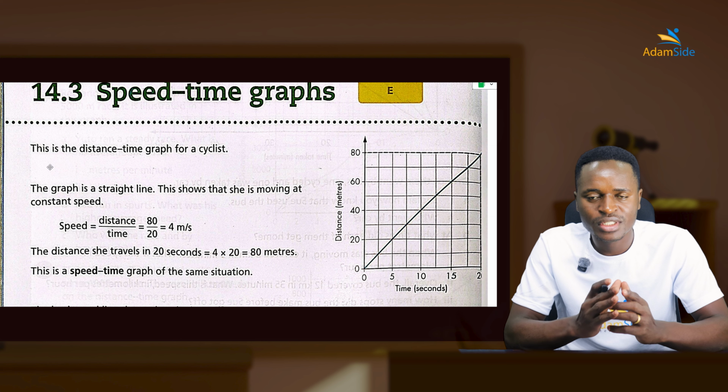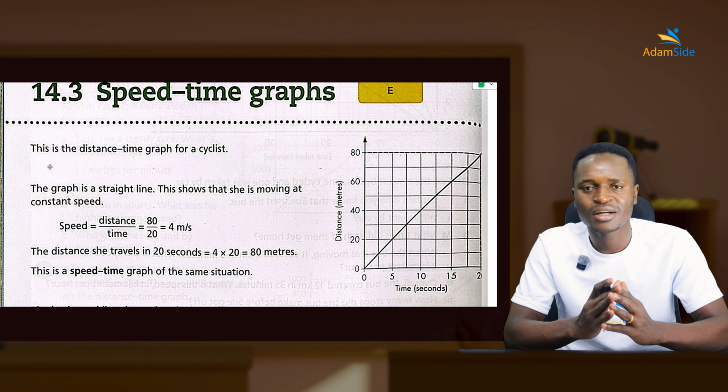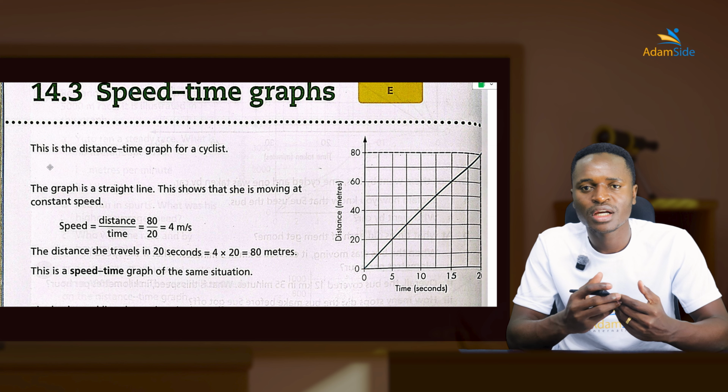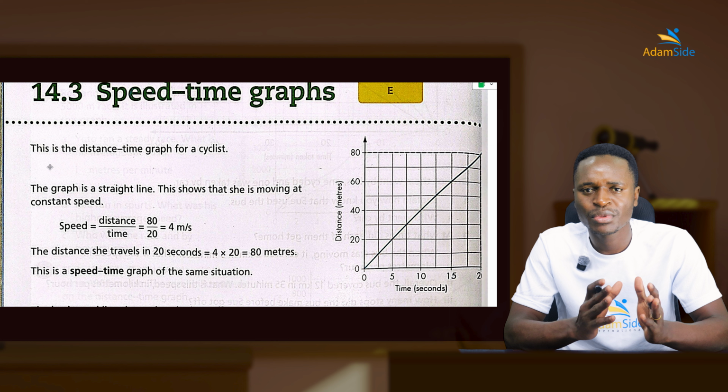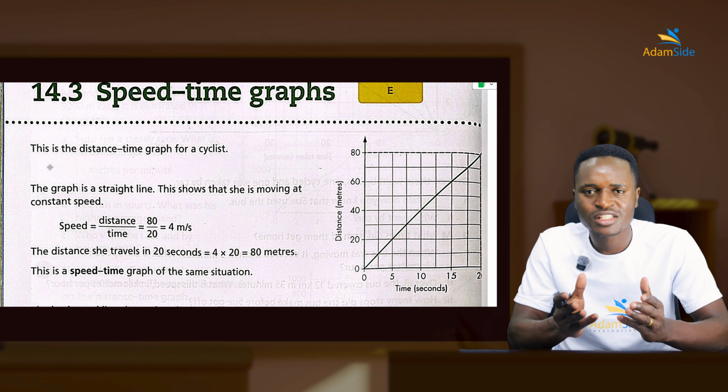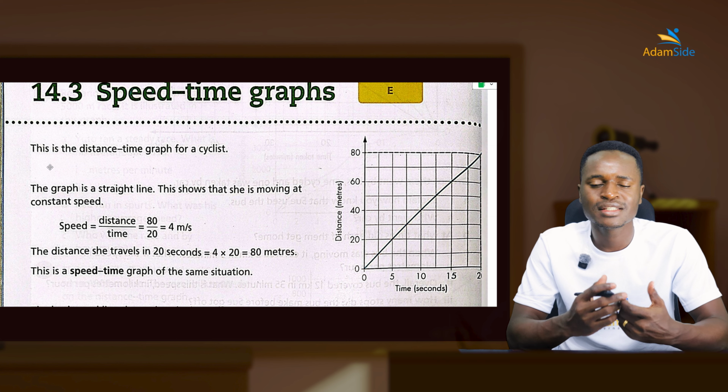Then you're told to plot the distance that Mr. Adam traveled, and maybe find the average speed he used throughout the journey, or interpret a place where he was resting and what the speed was.